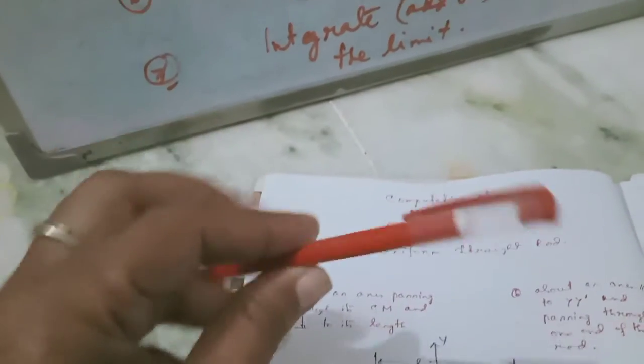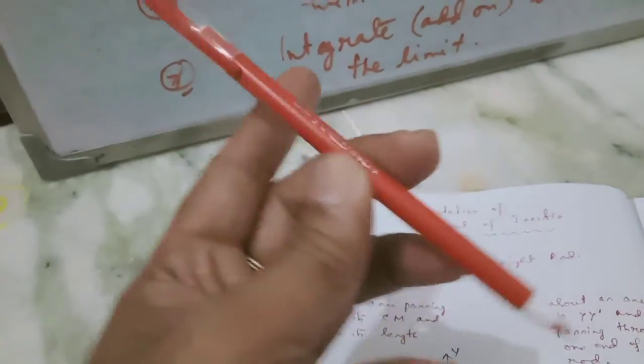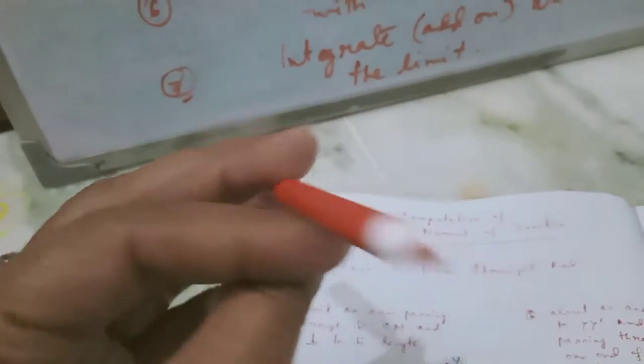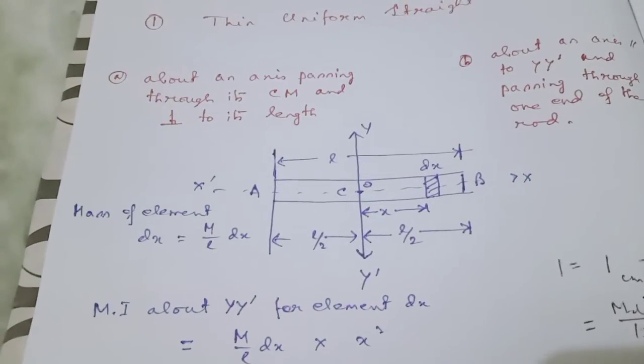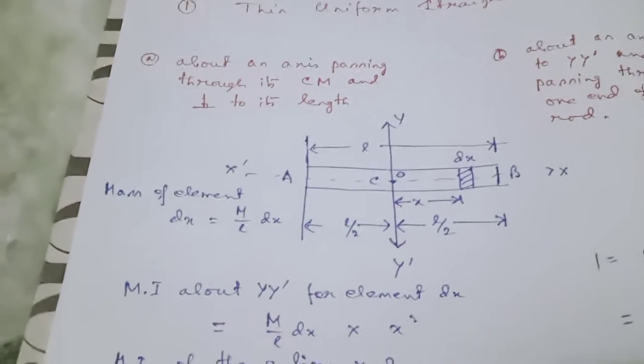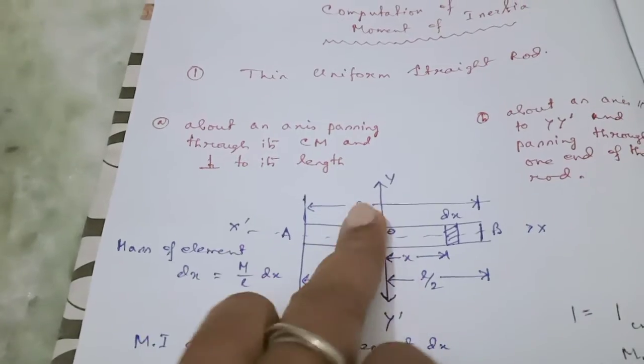This is the fixed axis passing through the center of mass, and the rod is rotating in this way. So how can we calculate it? The axis is passing through the center of mass, so we have drawn the axis.